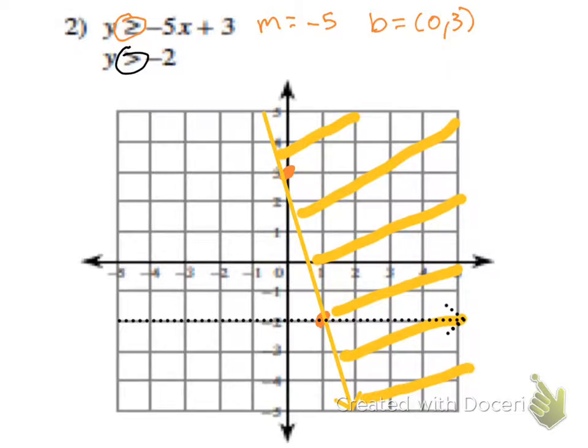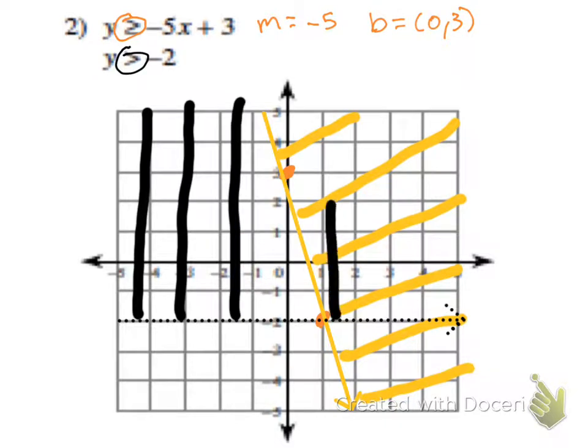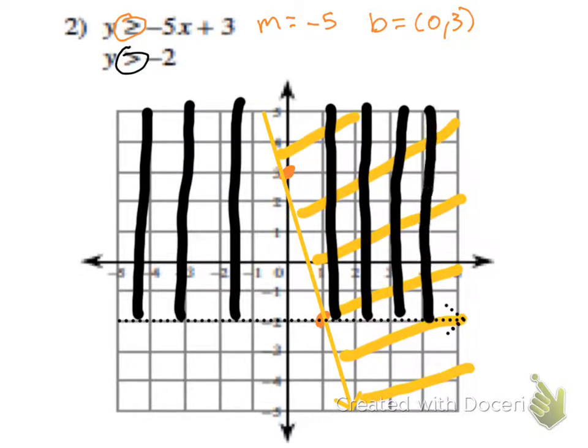So I'm going to cross-hatch this. As you can see, that overlapping shaded area right here is our solution. Every point from the overlapping shaded area would make both inequalities true. Okay.